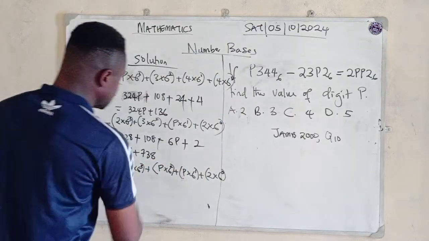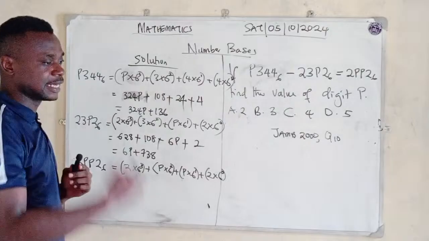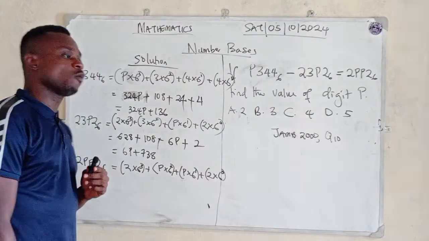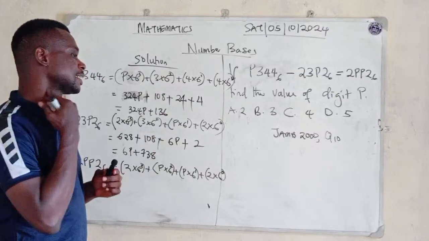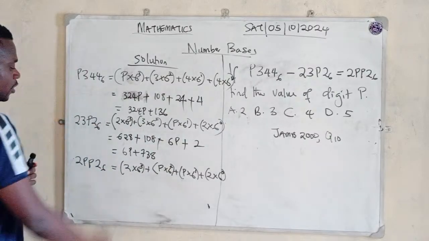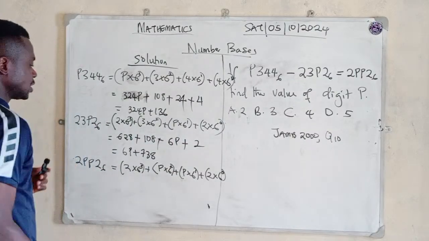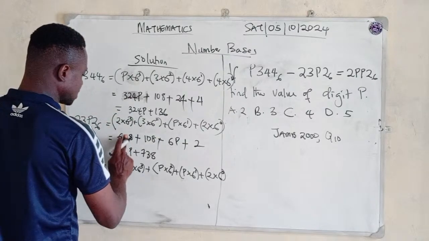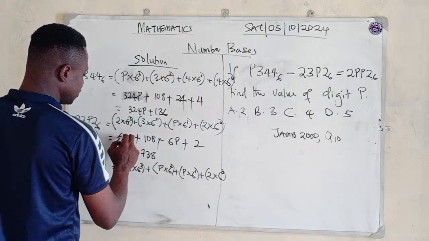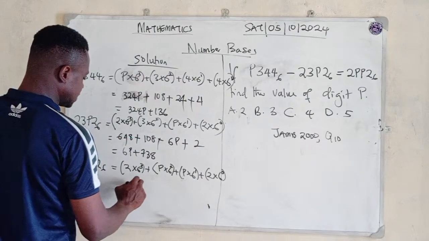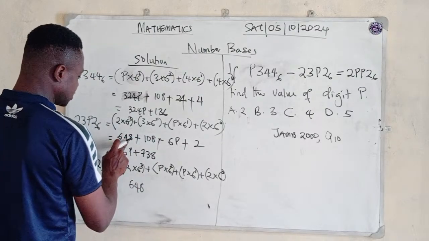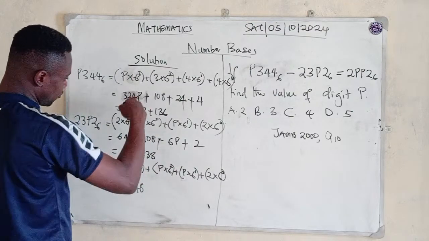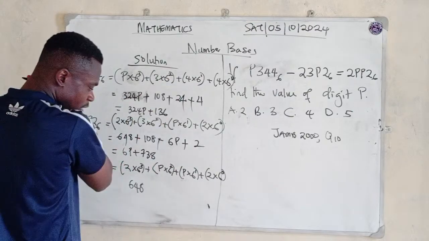Alright. 6 raised to power 3: 6 times 6 is 36. 36 times 3 is 108. 108 times 3 is 324. 324 times 2 is 648.